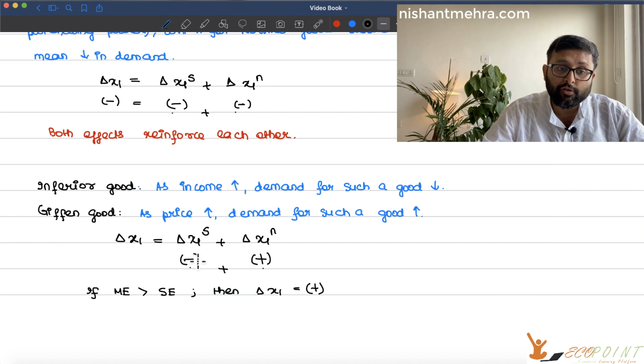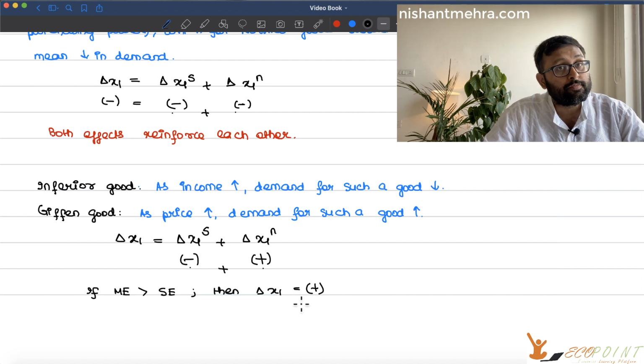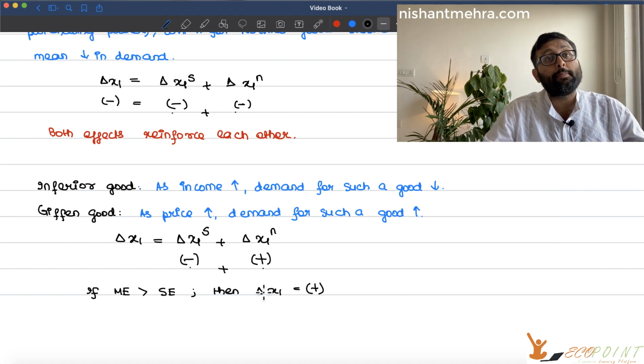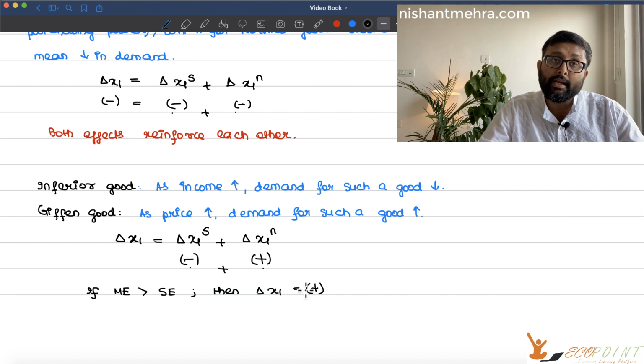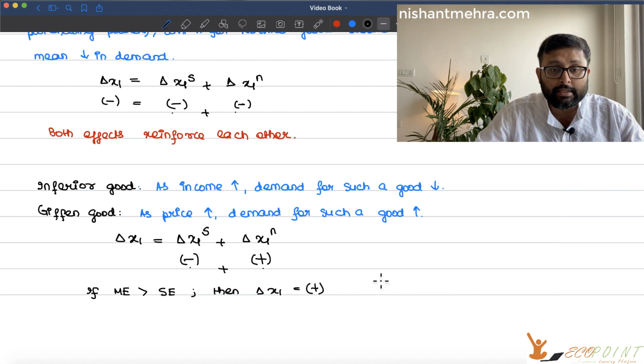What do you mean by that? The total effect is how the demand for the good changes when the price is increasing. Here it is saying that when the price is increasing, demand for such a good is going to increase. So when the income effect outweighs the substitution effect, this is the case of a Giffen good.